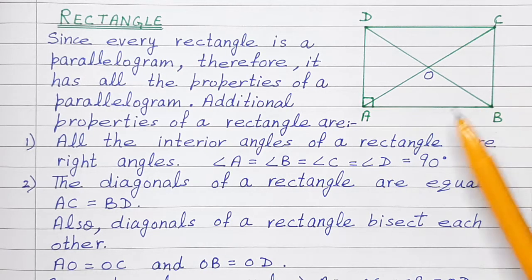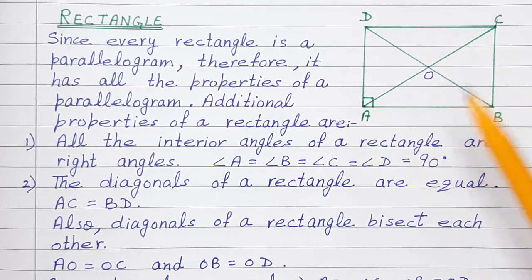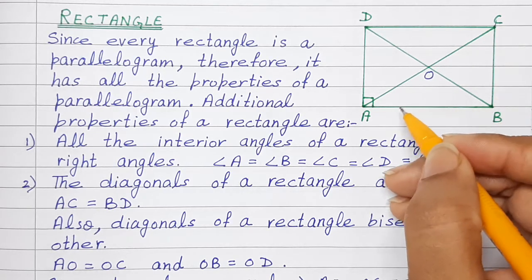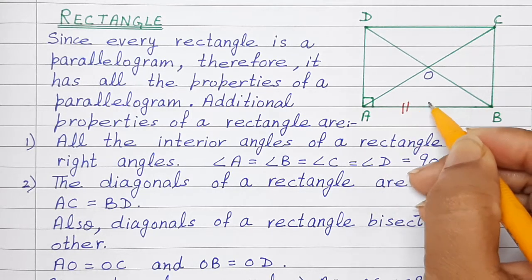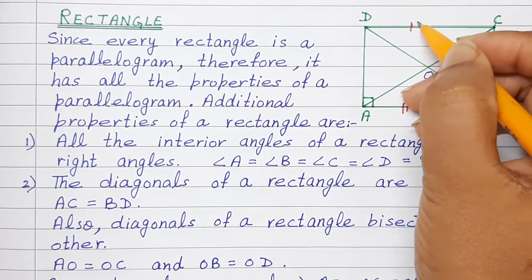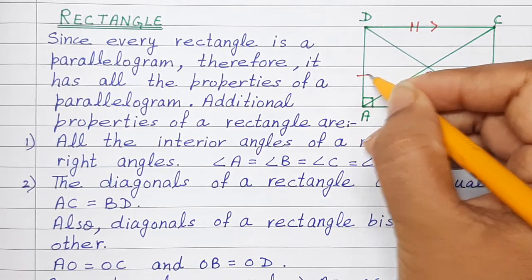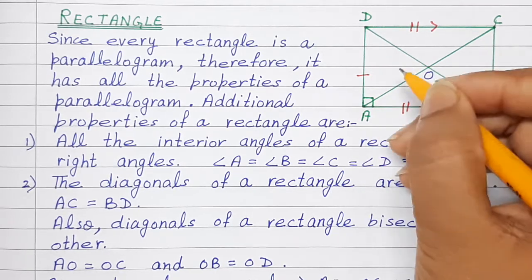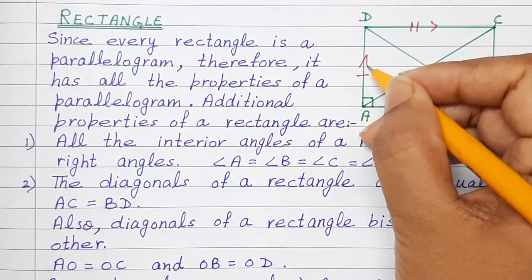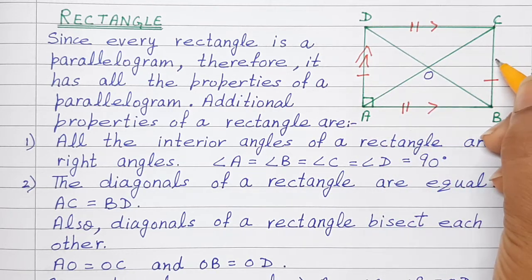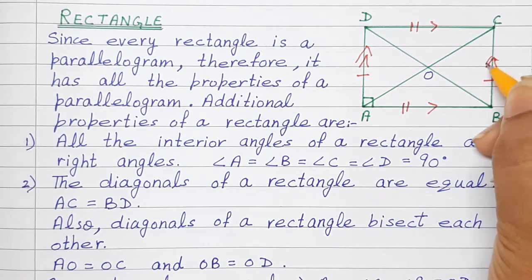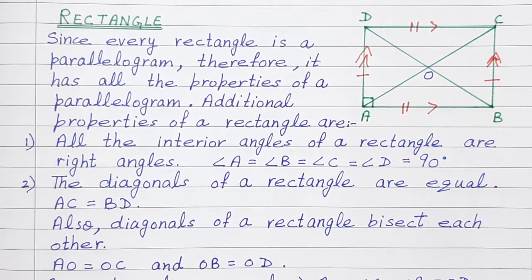So you can say that AB and CD are both equal as well as parallel. Similarly, AD is equal to BC and AD is also parallel to BC, right? Is it clear to everyone now? So these are the main properties of a rectangle.